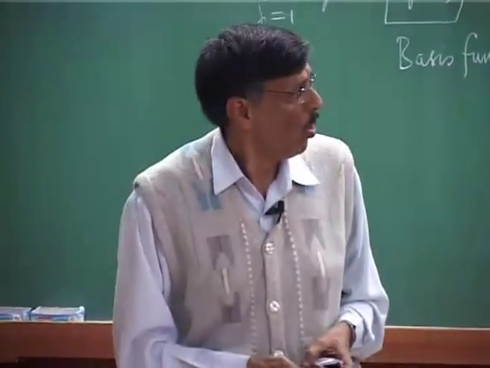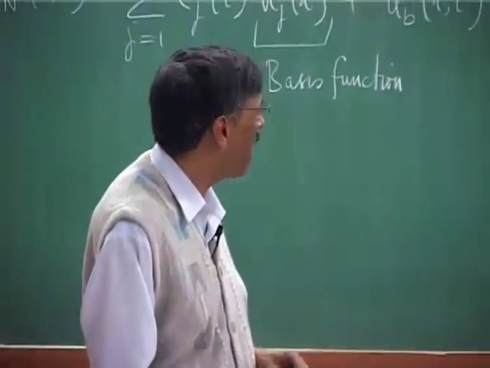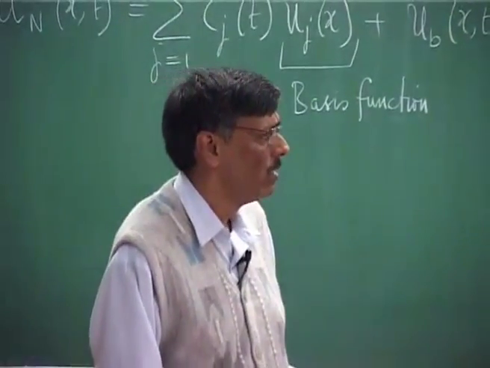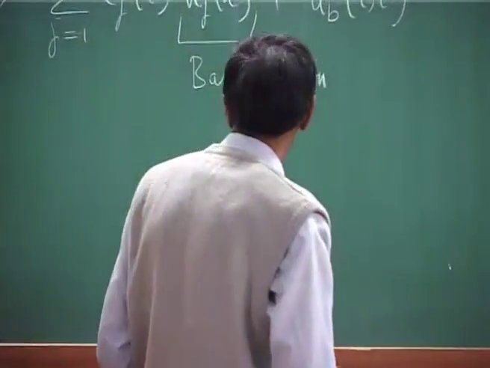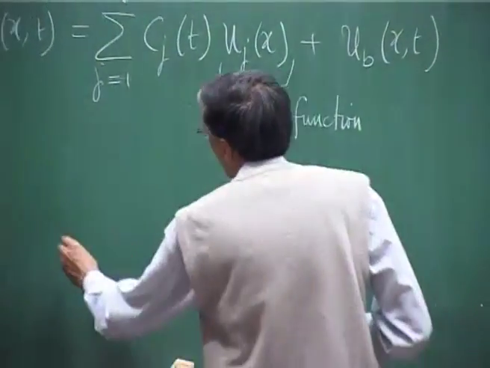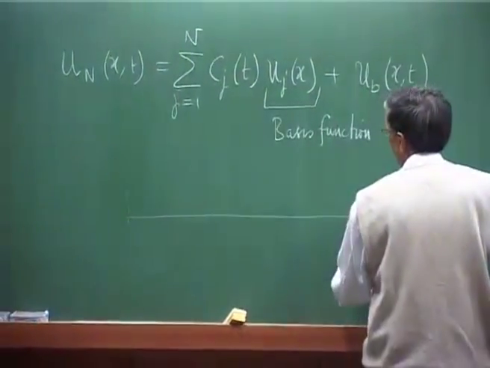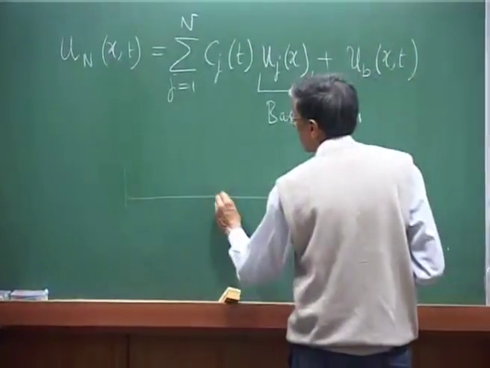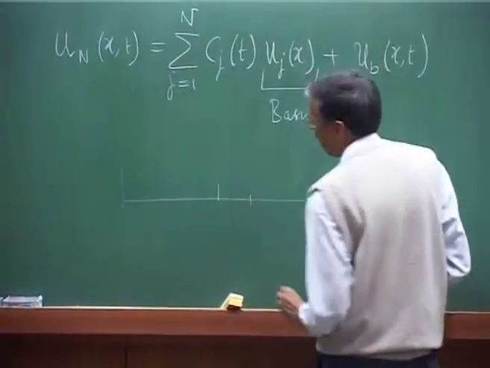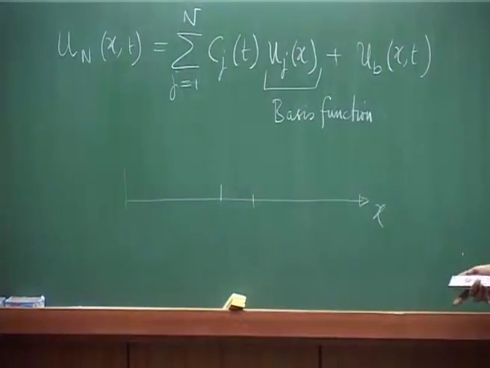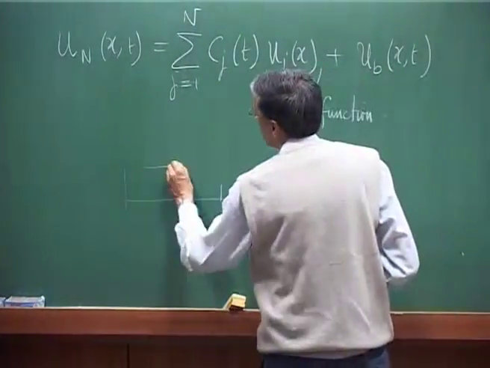What is done here? Of course, the weights are chosen as step functions or Heaviside functions. So if I have a domain like this, and this is a cell, I have a subdomain like this, and let us say the flow is going like this.